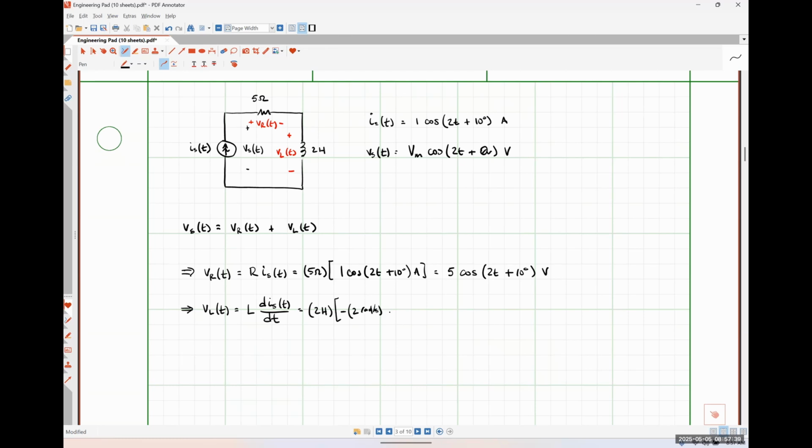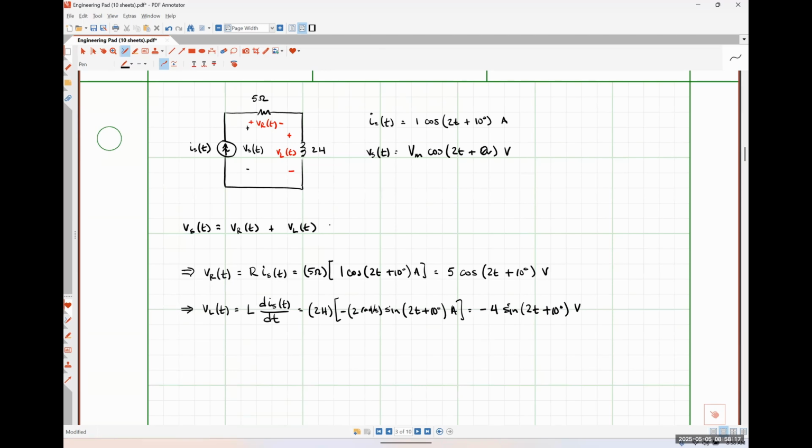Now I'm going to have sine of 2t plus 10 degrees. Sorry, and that should have been in amps. And so let's see, I'm going to have 2 times 2 is 4. So that's going to look like negative 4 sine 2t plus 10 degrees volts.